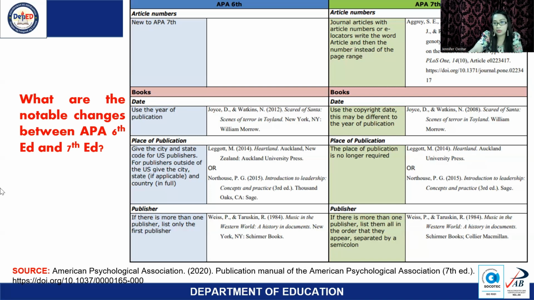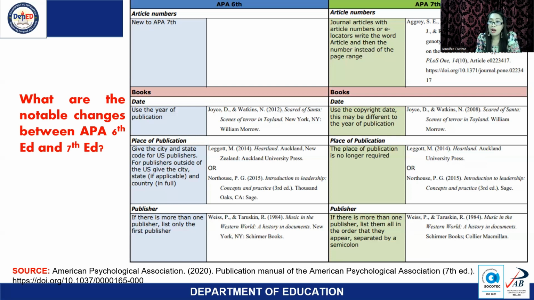How about books? When we talk about the date of the book, in the 6th edition, it's the year of publication. But in the 7th edition, we tend to use the copyright date. This may be different from the year of publication. For example, the year of publication is given here, Joyce and Watkins 2012.